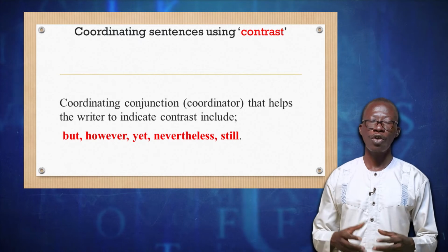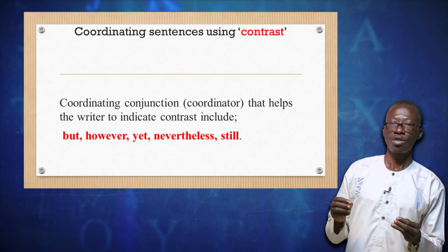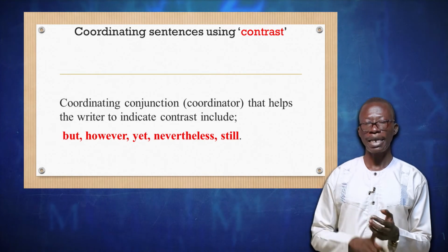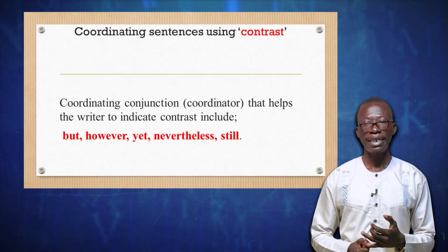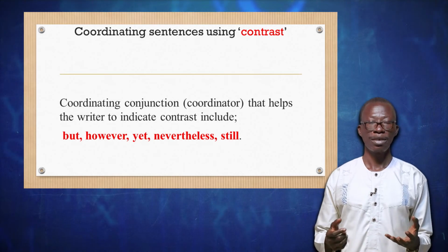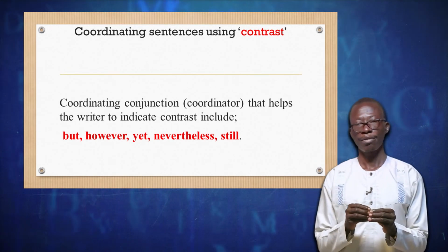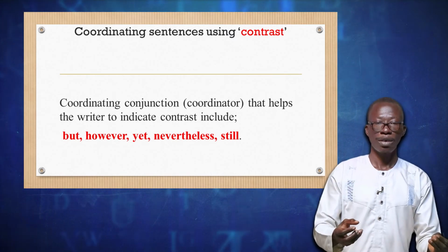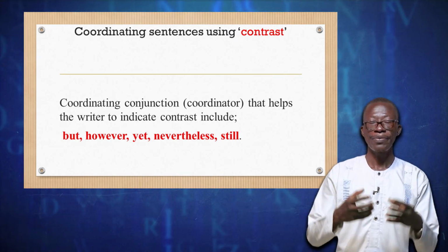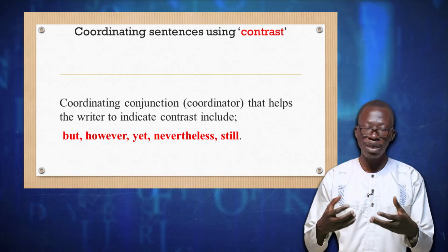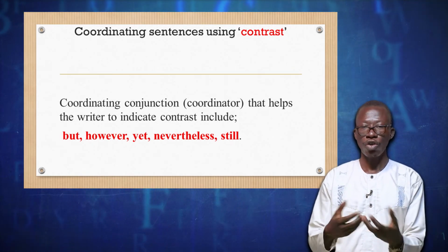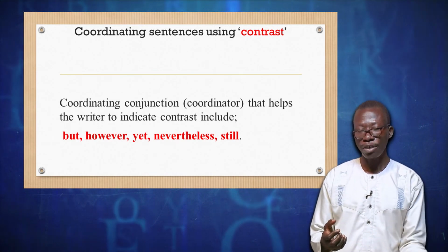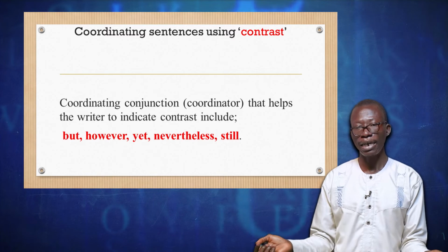Coordinating conjunctions, or the coordinators that help the writer to indicate contrast, include but, however, yet, nevertheless, still. So these coordinators help you and me to easily speak to our listeners or to communicate to our audience that between one particular issue and the other, there's a contrast.